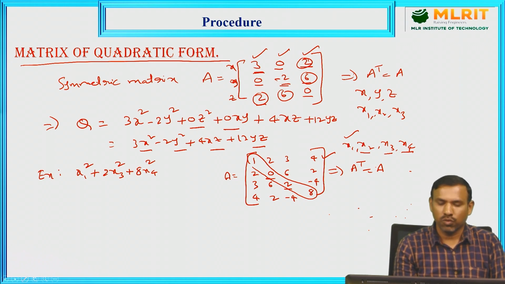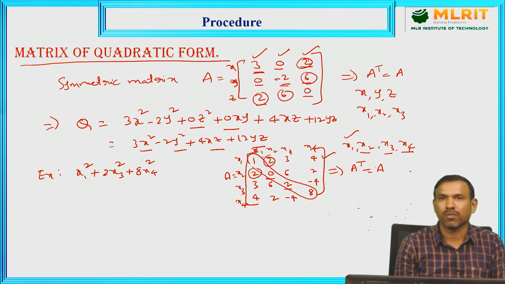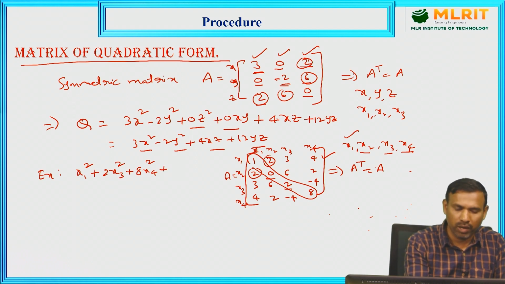Okay, those are the square terms along with the product terms. So how to do product terms here? First one is x1, this is x2, this is x3, this is x4, and above also x1, x2, x3, x4. Now here second position is these 2 positions, x1, x2. So 2 plus 2, 4, you can write 4 x1 x2.